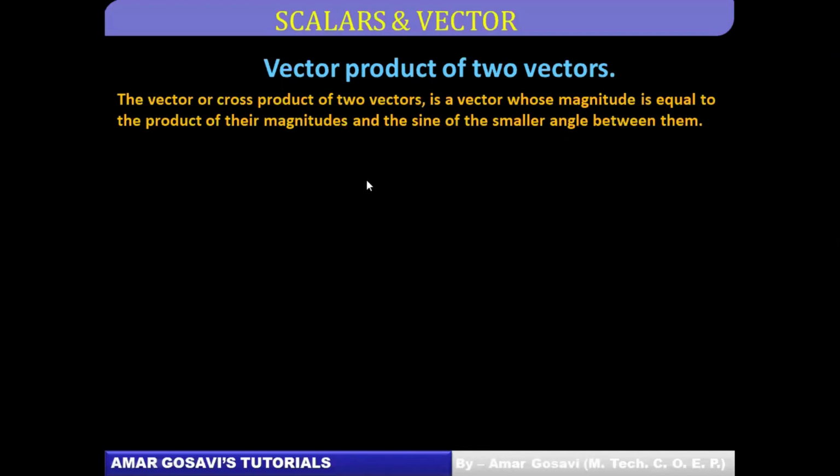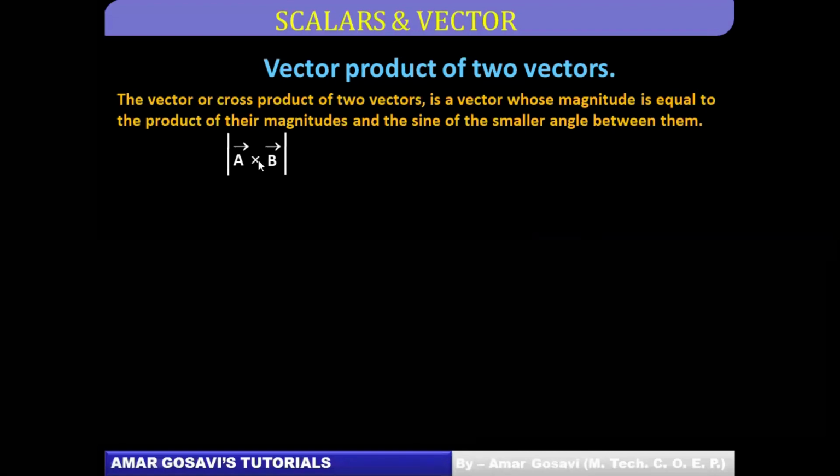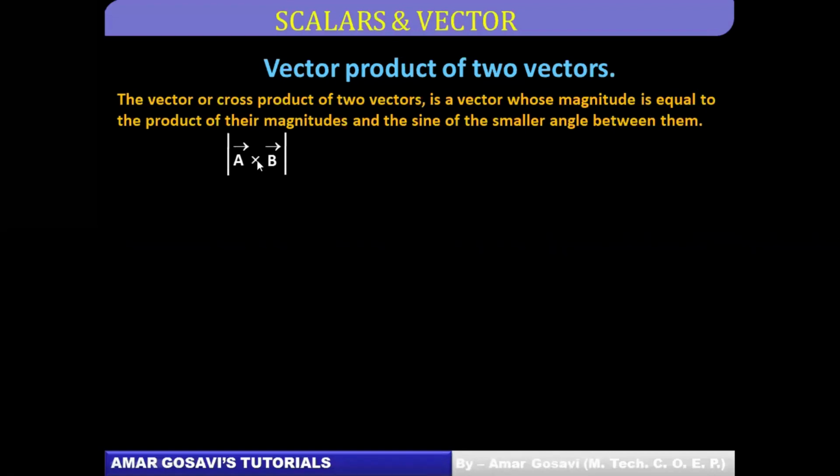If I have to express it, I will express it as a bar cross b bar. Earlier for scalar product I was expressing it as a bar dot b bar. Here I will be expressing this as a bar cross b bar, and obviously if I'm putting it in modulus sign, that means I'm talking about the magnitude of this cross product.